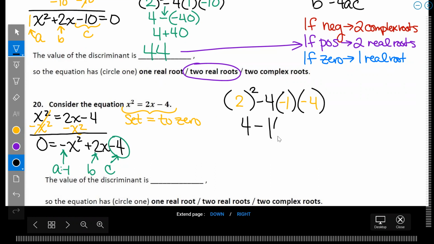So I have 4 minus 16. What is 4 minus 16? -12. What does that mean about my roots then? 2 complex roots.